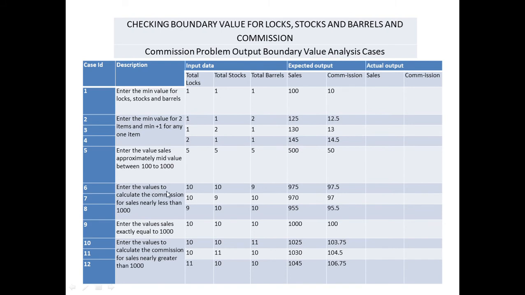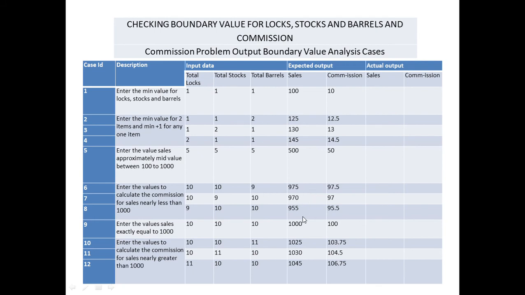Enter the values to calculate the commission for sales nearly less than 1000. Here you can see the sales column, which is nearly less than 1000. We have sales values around 975, 970, 955, which is almost near 1000.